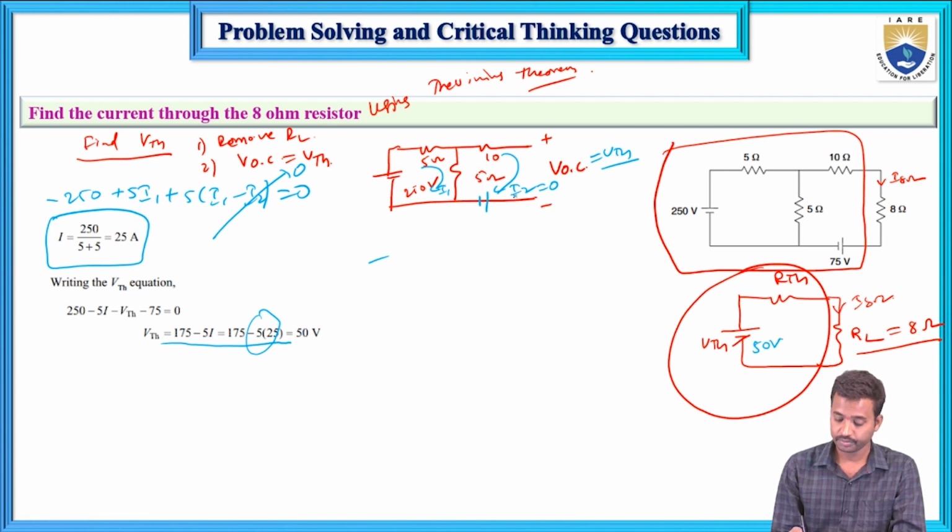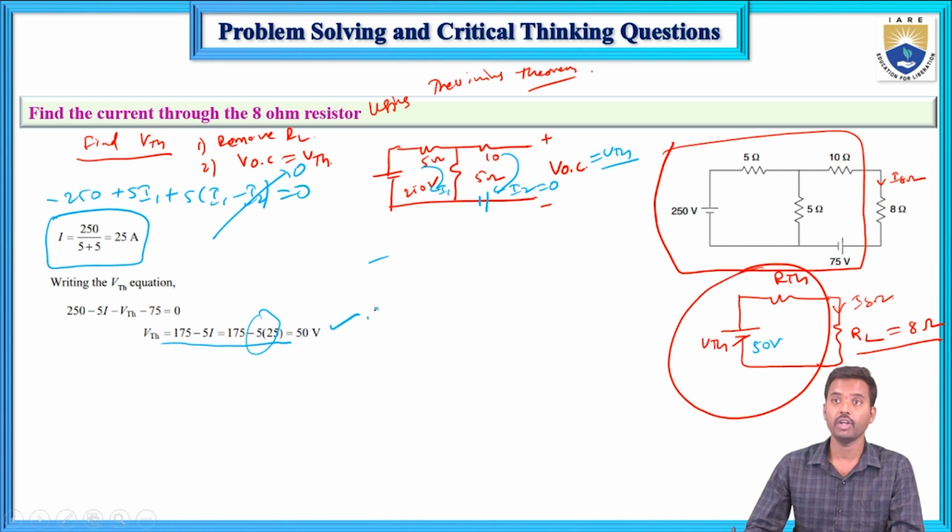If you apply KVL in this loop, this branch is redundant. VTH minus 75, 5 into I1 and 250 equals this one, 50 volts.